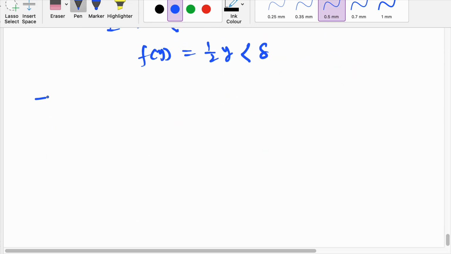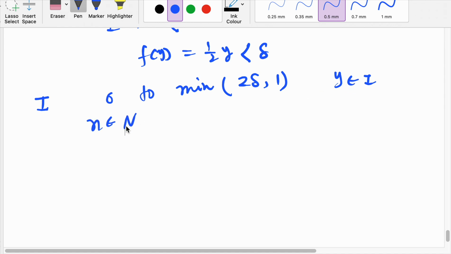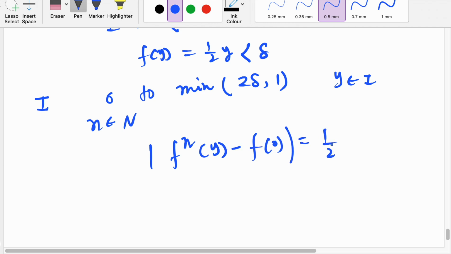So if I take the interval 0 to the minimum of 2 delta and 1, and let y belong to I, and n belong to the natural numbers, we know that f^n(y) minus f^n(0) will be (1/2)^n y, which is less than half y, which is less than delta.